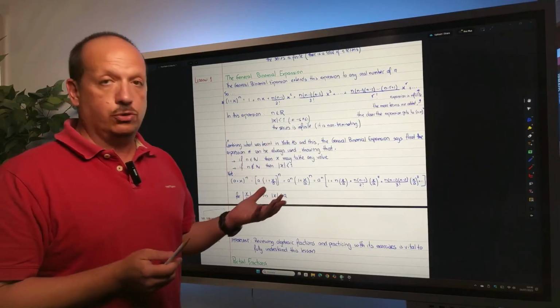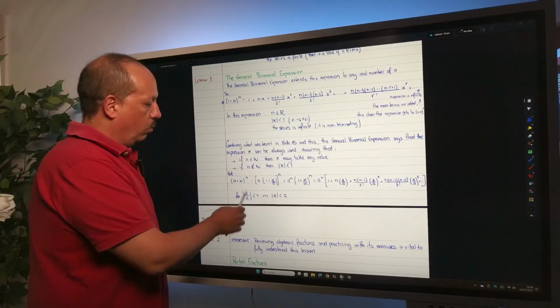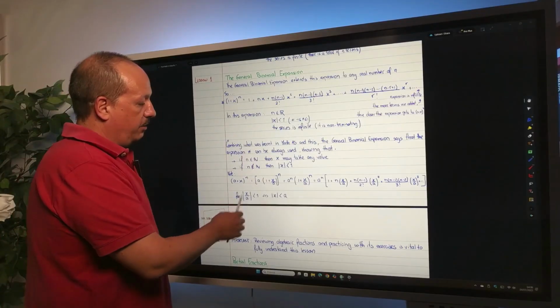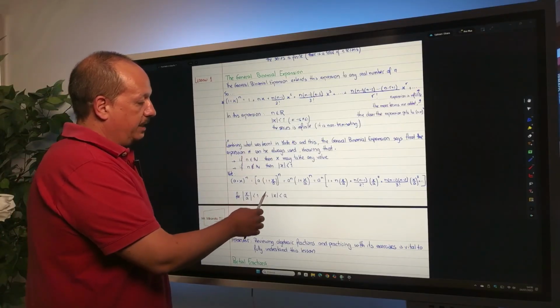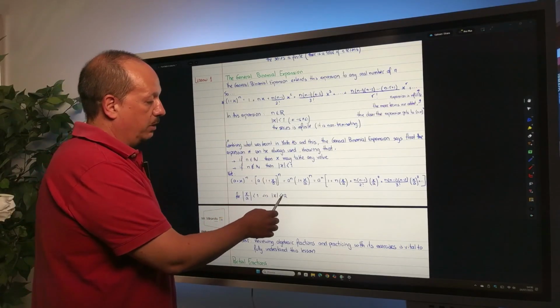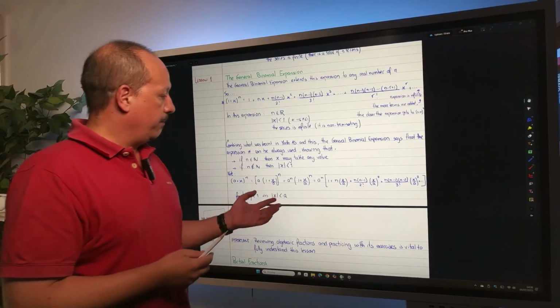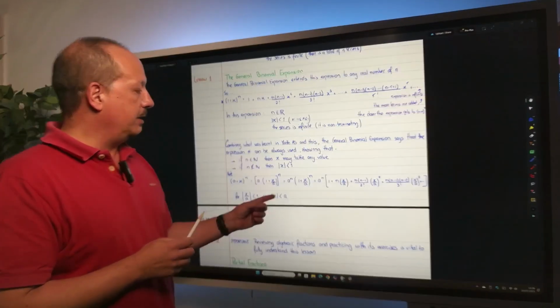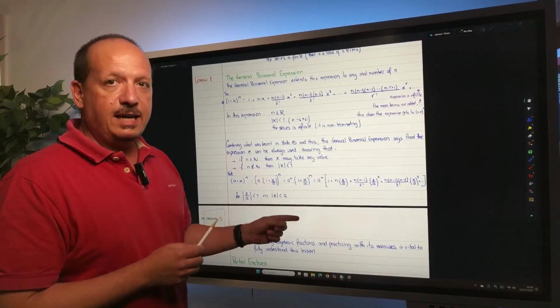You just have to do a very simple calculation. So whatever x over a is, if you would solve this equation, then it is the modulus of x that is smaller than a. In other words, this expansion would be valid between -a and a.